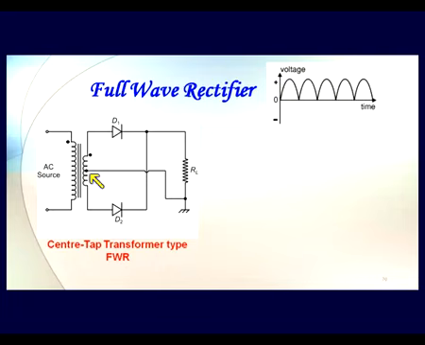Center tapped means the winding of this secondary is divided into two parts exactly in the middle, symmetrically around the center, so that this middle point is called the center tap, symmetric vis-a-vis both the ends of the secondary coils.